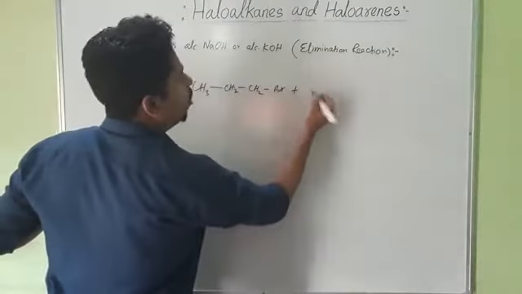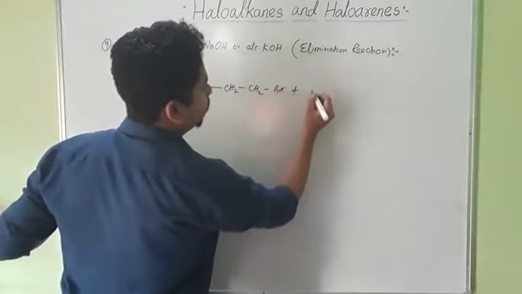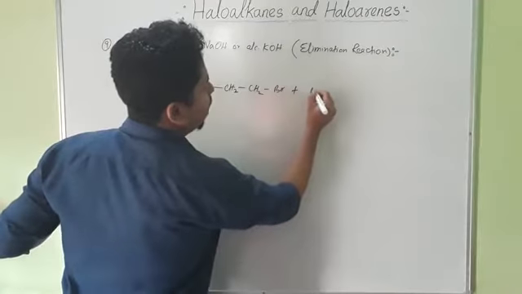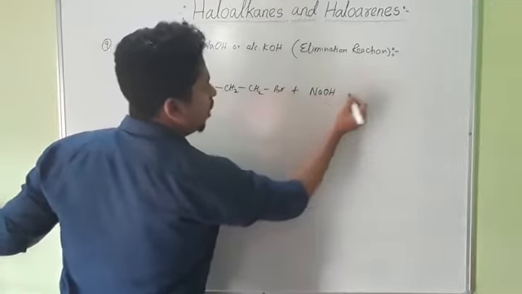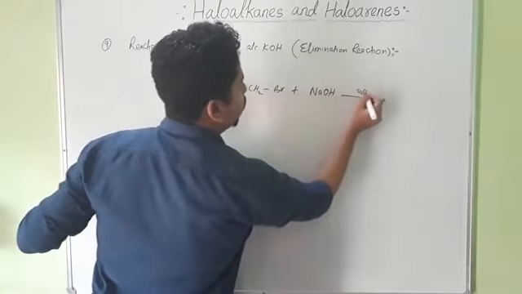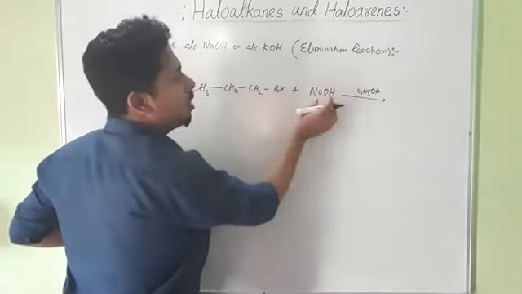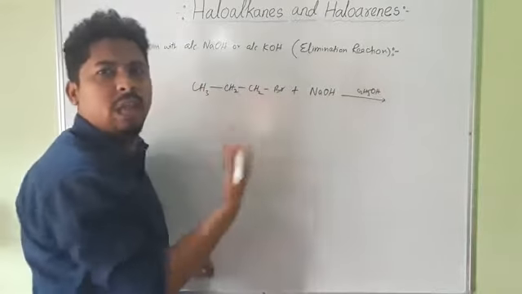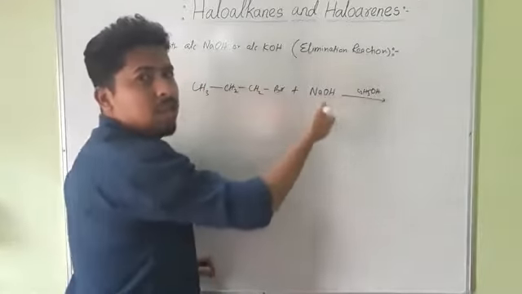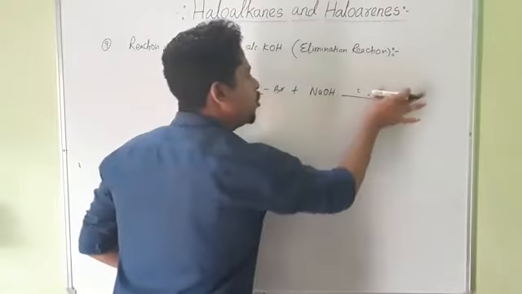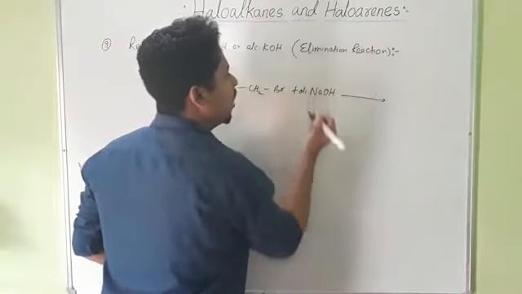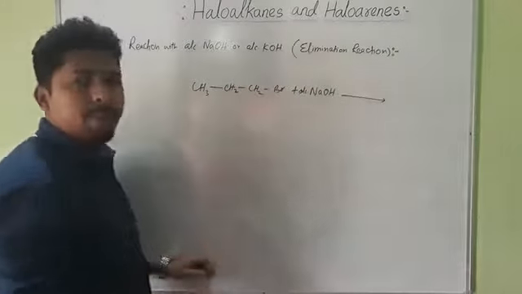This bromopropane on treatment with NaOH in presence of C2H5OH, that means alcoholic NaOH, or we can write NaOH in presence of alcohol, in presence of ethanol. So what will be the product now?